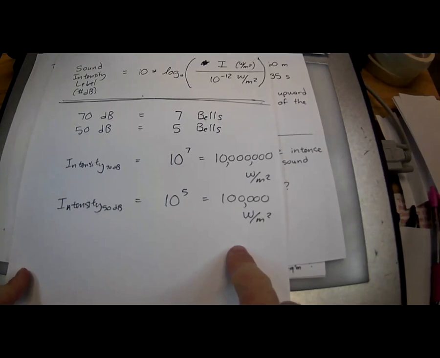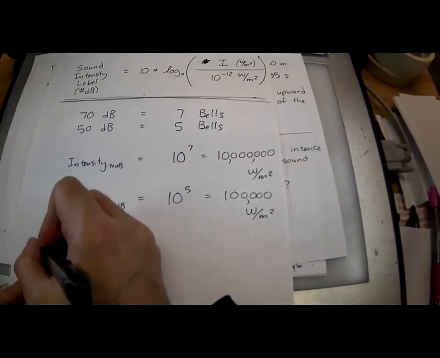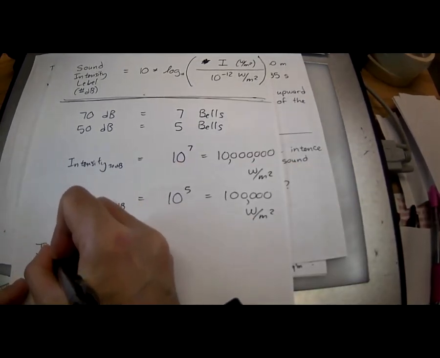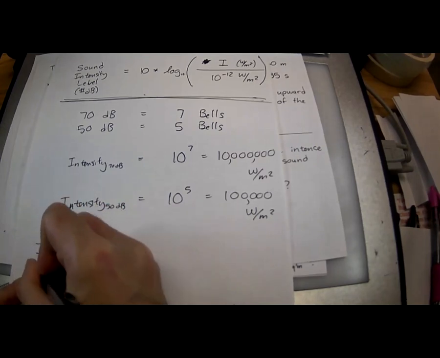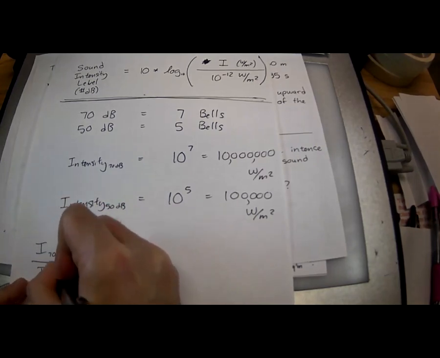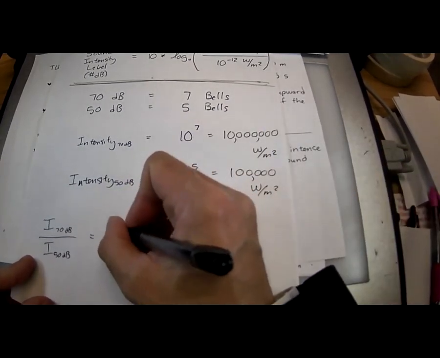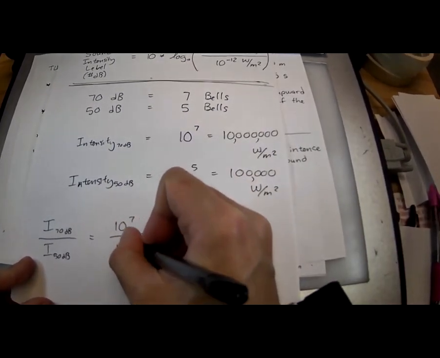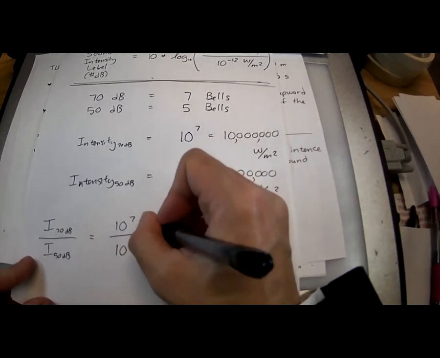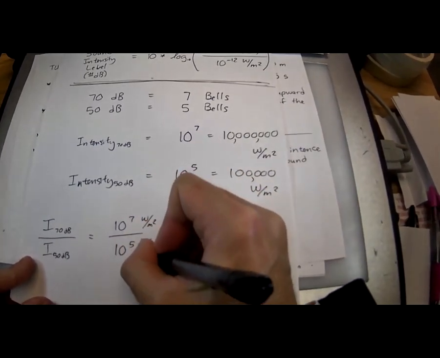So if you want to know the ratio of intensities, intensity at 70 dB compared to the intensity at 50 dB, then you're taking the ratio of 10 to the 7 compared to 10 to the 5 watts per square meter. The units cancel out.